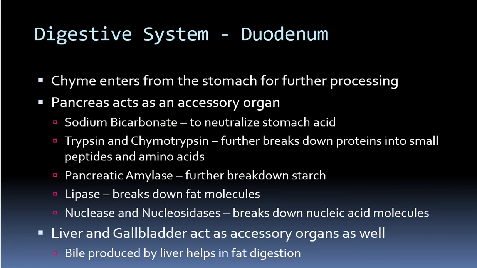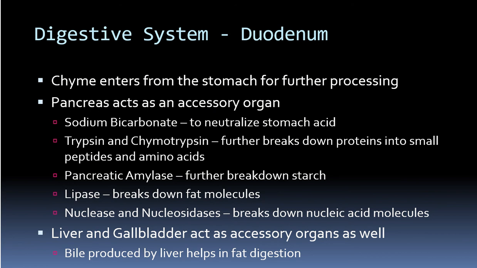The pancreas will also release trypsin and chymotrypsin, which further breaks down proteins into smaller and smaller peptides and amino acids.